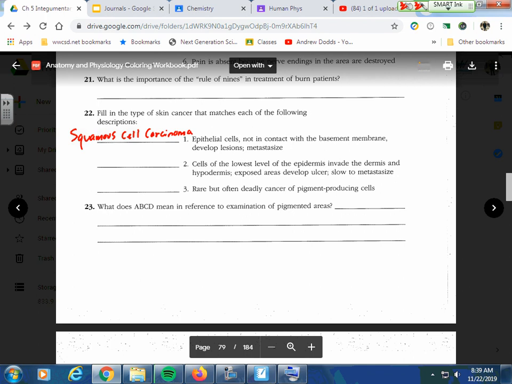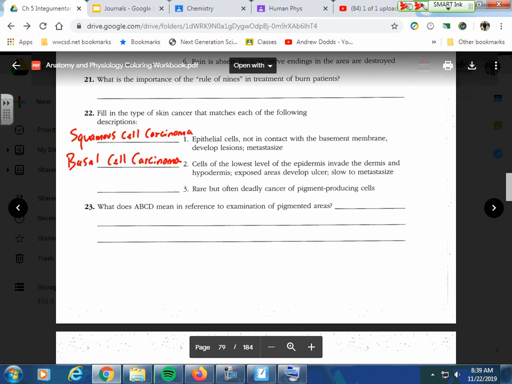Cells of the lowest level of the epidermis invade the dermis and hypodermis. Exposed areas develop ulcers, slow to metastasize. It's going to be basal cell carcinoma. That is the most common.